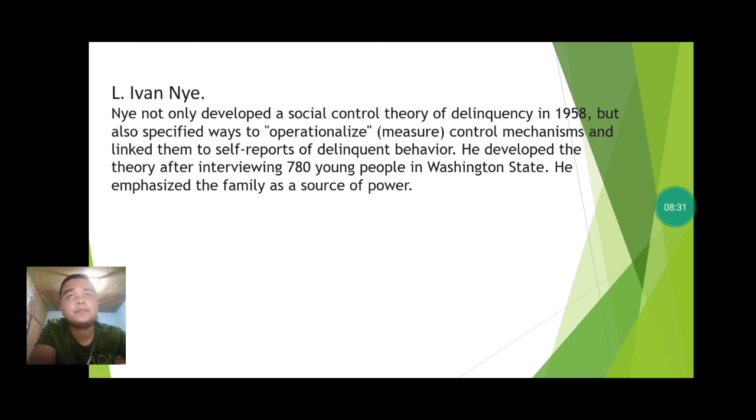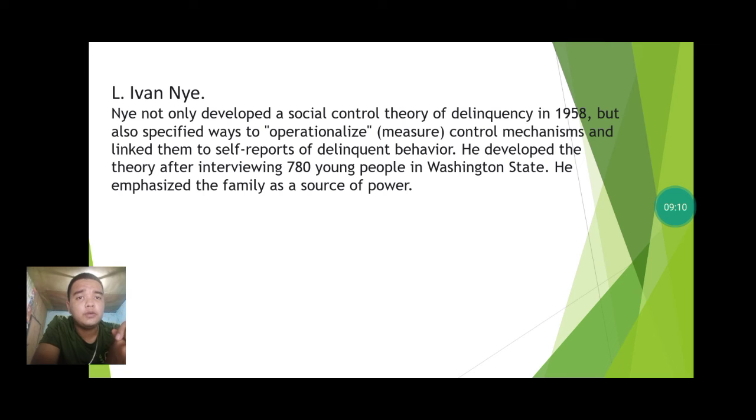So next is Nye. Nye developed a social control theory of delinquency in 1958, and also specified ways to operationalize and measure control mechanisms, linking them to self-reports of delinquent behavior.